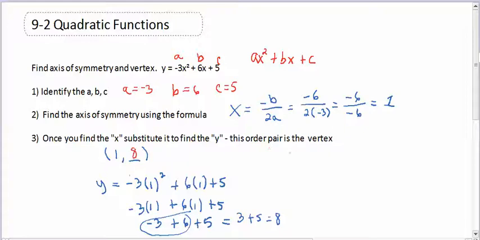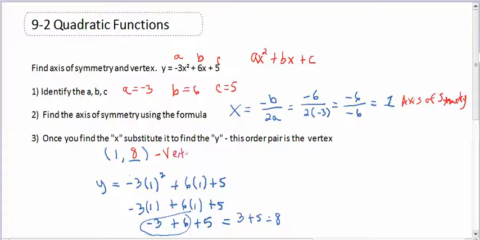So if they ask you to find your axis of symmetry, the axis of symmetry is 1. This is my axis of symmetry. And this is my vertex.